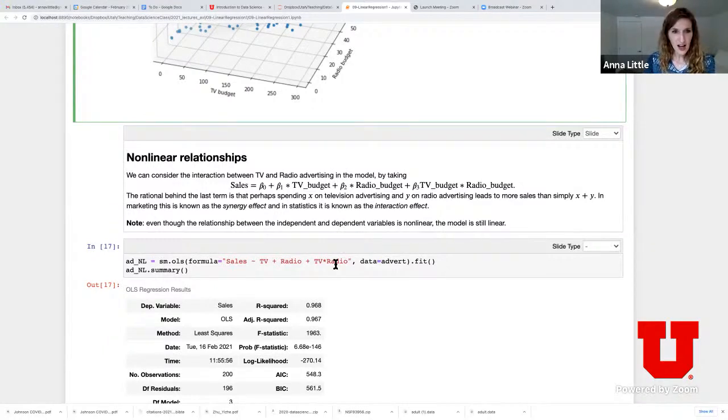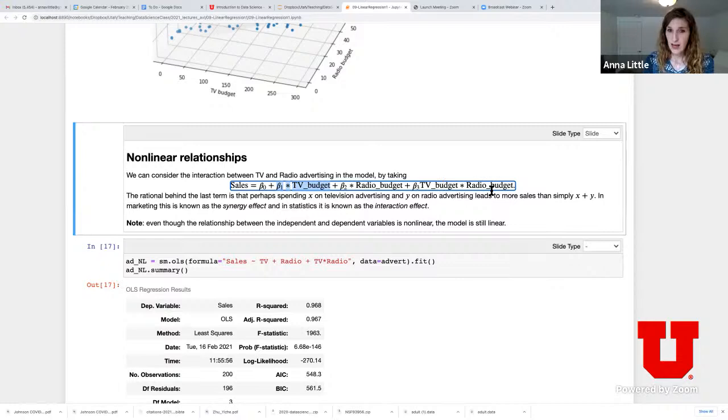Let's discuss nonlinear relationships. So when might you have a nonlinear relationship in your data? Well, the idea might be that these are not independent factors. They interact with each other. And so you shouldn't have a model for sales that just models these effects, but maybe you should also include a term that we can think of as modeling the interaction between the TV budget and the radio budget.